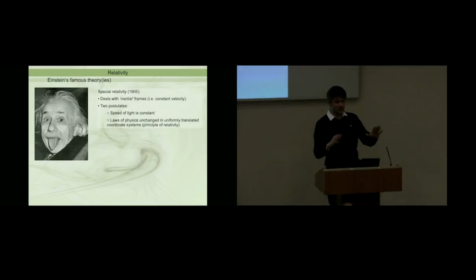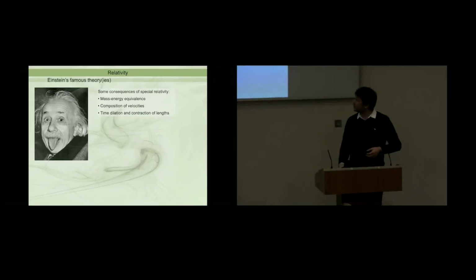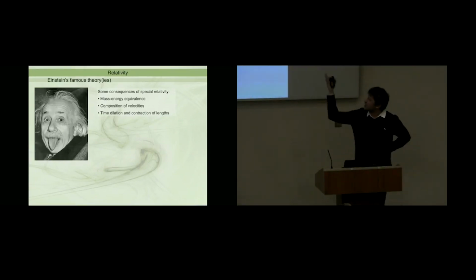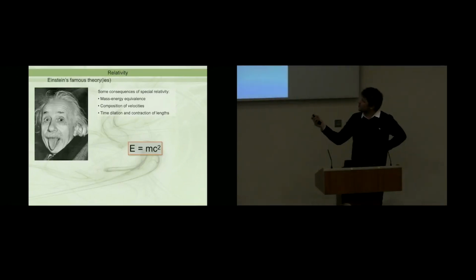And just with this, you can derive the entire theory. Some of the main consequences, and that's what I think is most important for you to understand today, are things like mass and energy being equivalent. So this is the famous equation, E equals mc squared, that you see people wearing on T-shirts when they go to the beach.